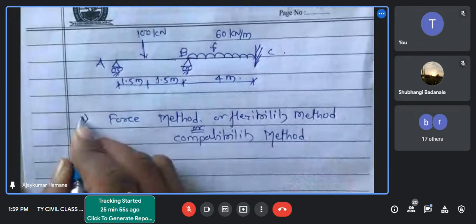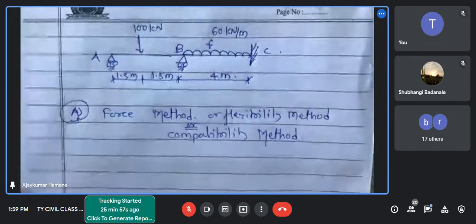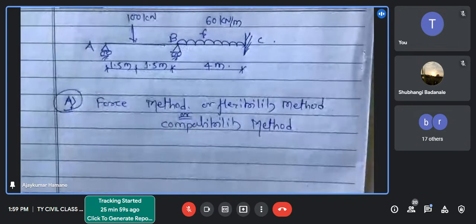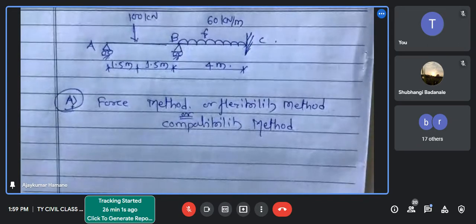Now, we will see this one resolved by the force method. So what is the first step in the force method? Determine the degree of static indeterminacy. What is the static indeterminacy for this beam? Yes, find out.